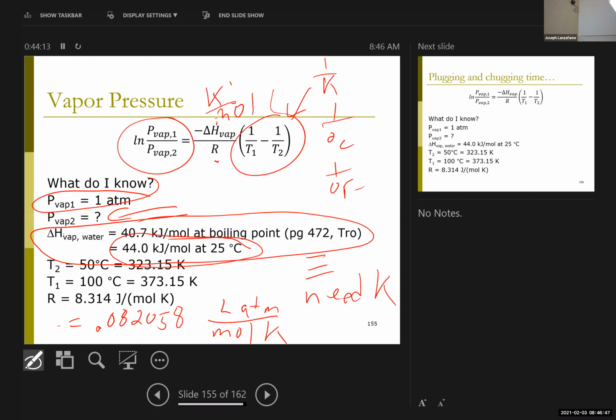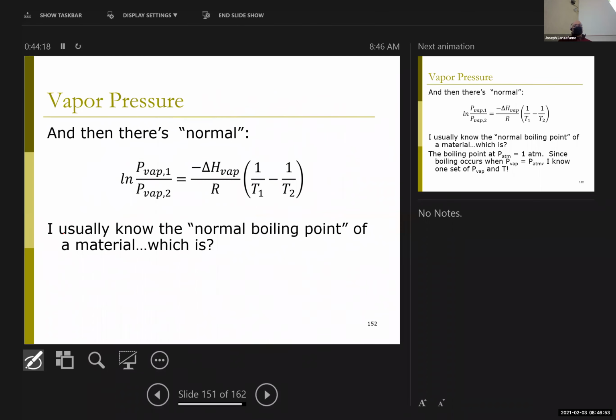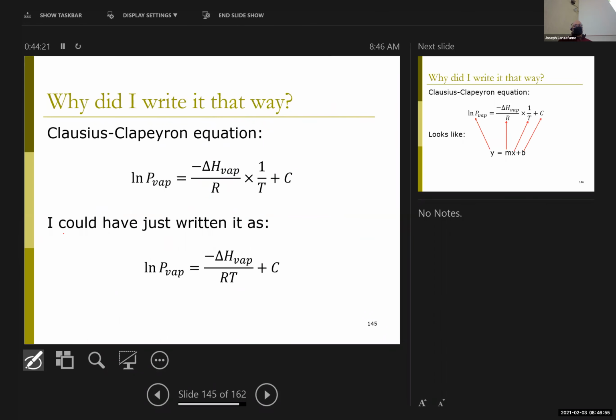That might be clearer if I go back to the original formulation of Clausius-Clapeyron. This only works if this delta H and this C are good at this temperature.